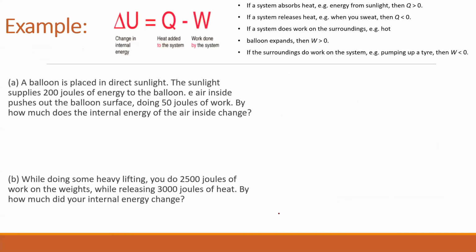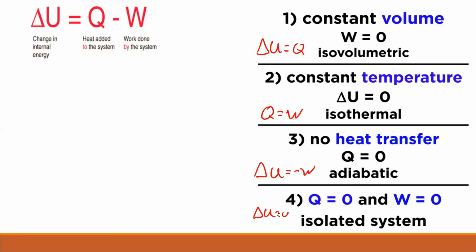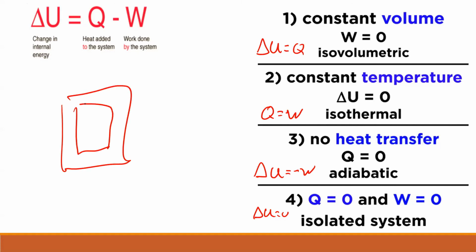An isolated system. Now, an isolated system is just when you have a box that is shielded from the world. That means that no heat can get out. It can't do work on these walls because they're too stiff. So therefore, nothing changes.